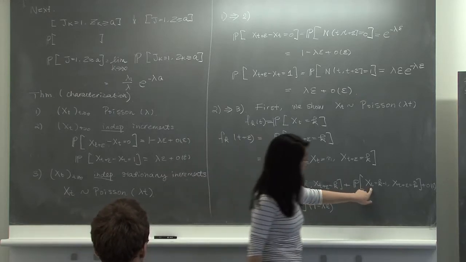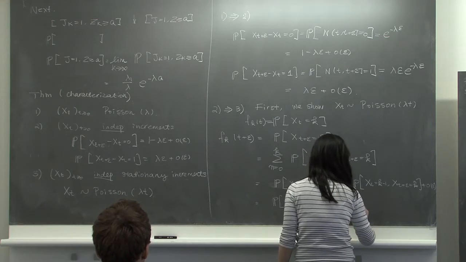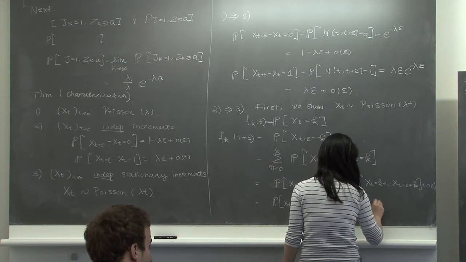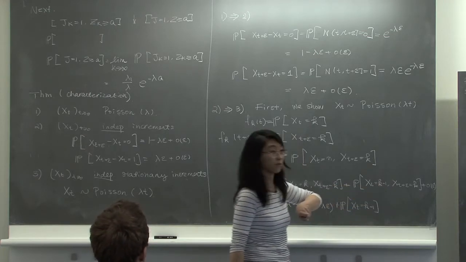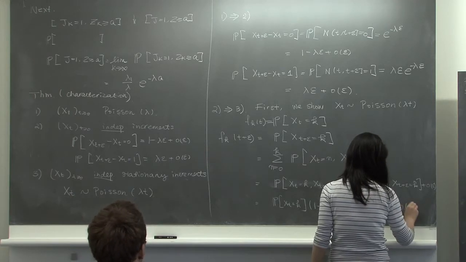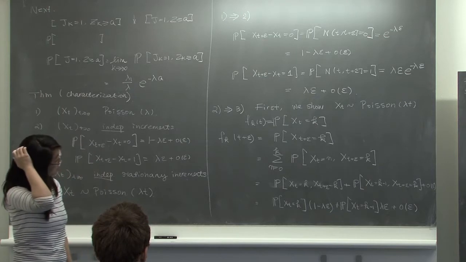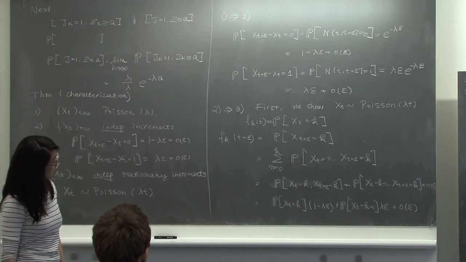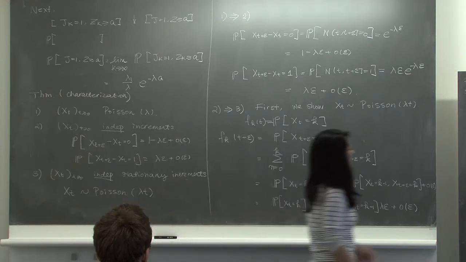For the second term, this is the probability that X_t equals k minus 1, and there's one jump within the time length of epsilon, and the probability is lambda epsilon plus an error term. So this is the probability, and now we can compare what happens to f_k(t).